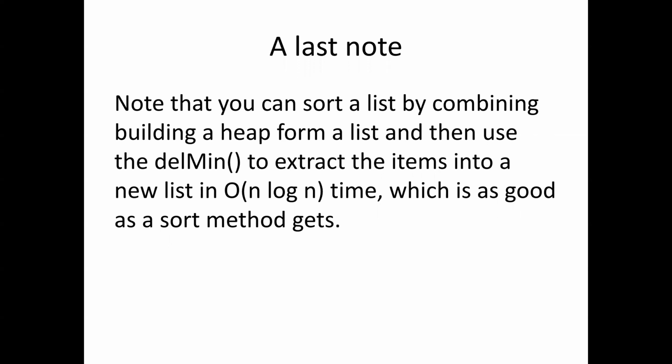Just keep deleting and percolating down to maintain the heap. Every time you percolate down it's log n, and you have n numbers. So overall, you have O(n log n) time to sort. Basically, you're sorting a list, right? That's called heap sort, by the way. It's also n log n.